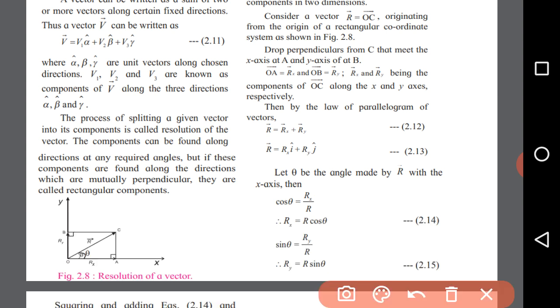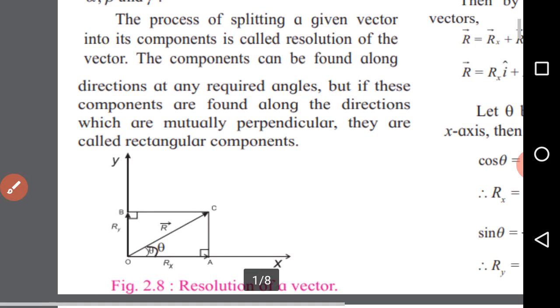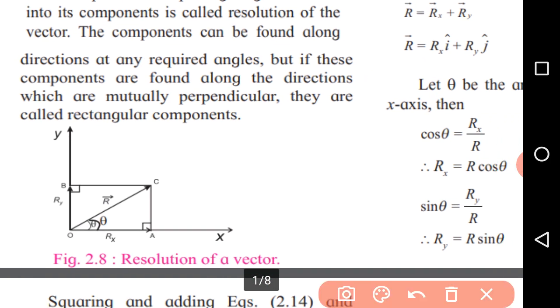The figure will show you the components.